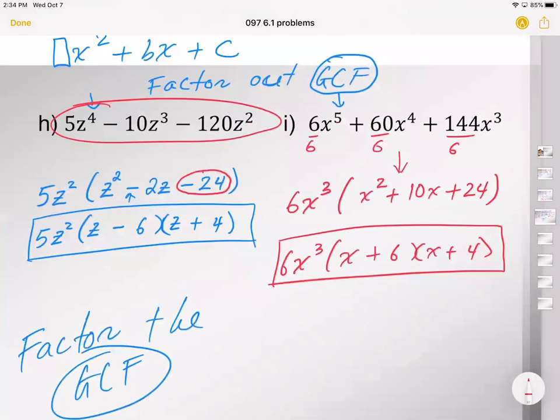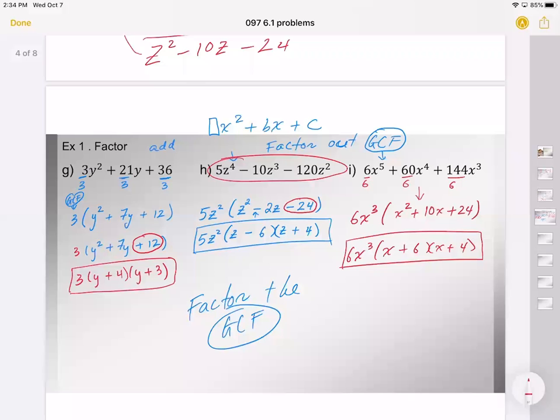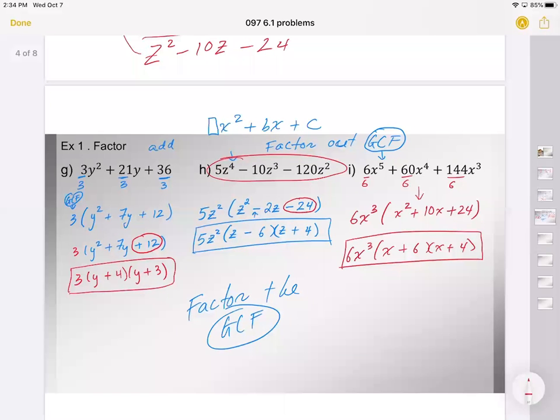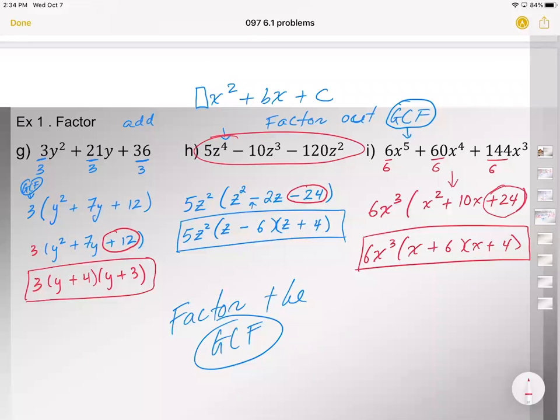So if you look at this item here, 24, because it's positive, we think in terms of addition, versus this 24 is negative, we think in terms of subtraction. And again, the problems for H and I, the answers are very similar, but yet they are totally different, okay?